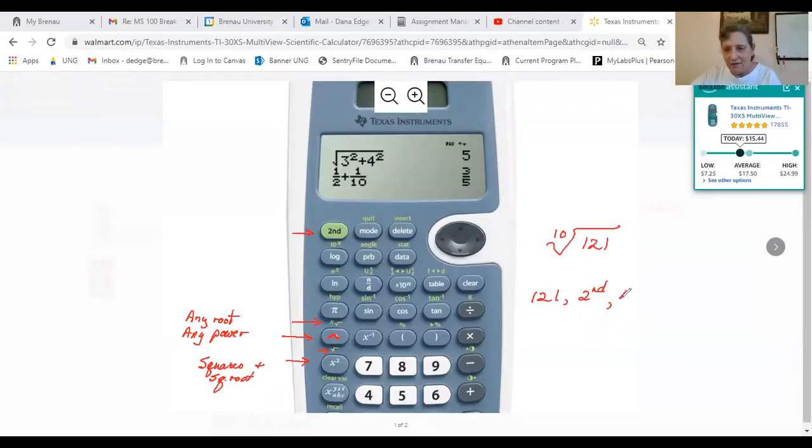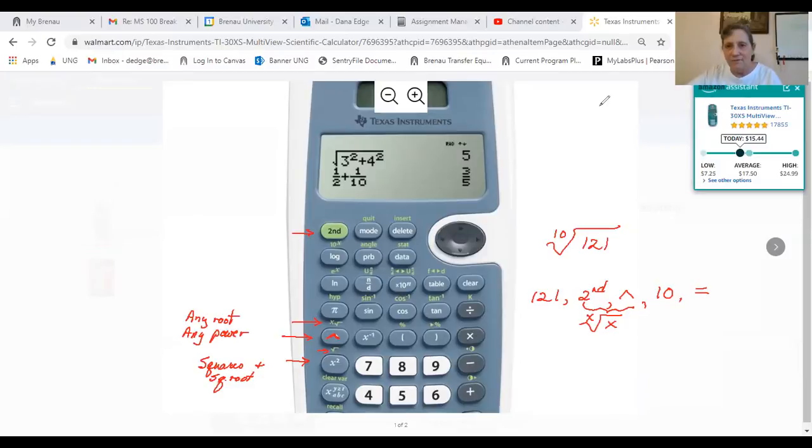And then the caret, the second function on the caret, is the xth root. And then you hit your 10, and then you hit your equals. You have to hit equals because it doesn't know whether it's 10 or you're going on into another digit.